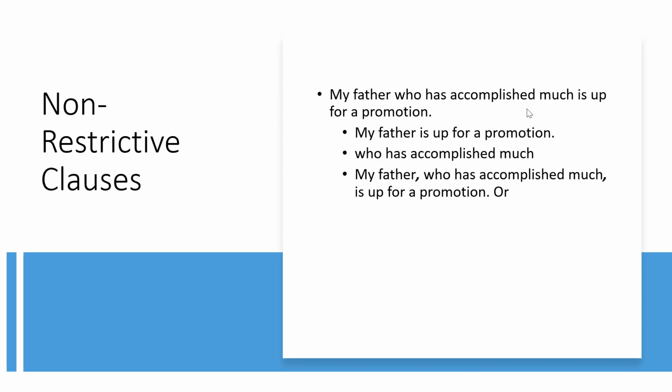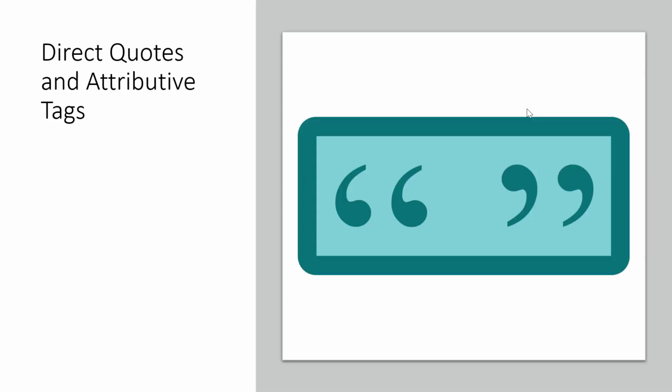It is not necessary to the sentence, however, it is a detail I want you to have. Therefore, I would set that clause off in commas. You also could set it off with parentheses if you chose, so that the reader understands what you want him to know about your father without changing the structure of the sentence.